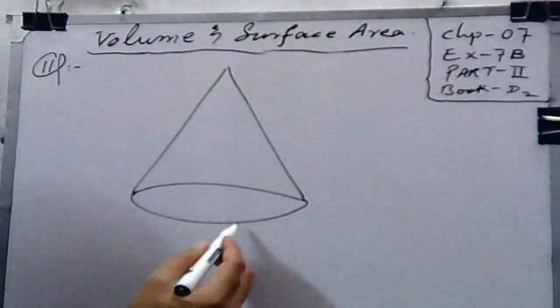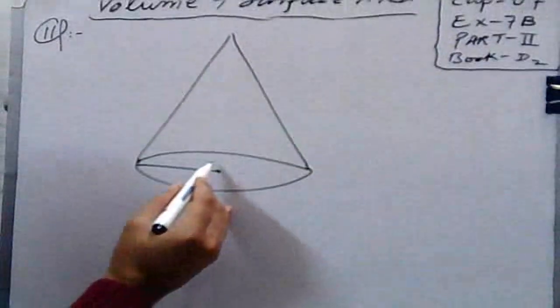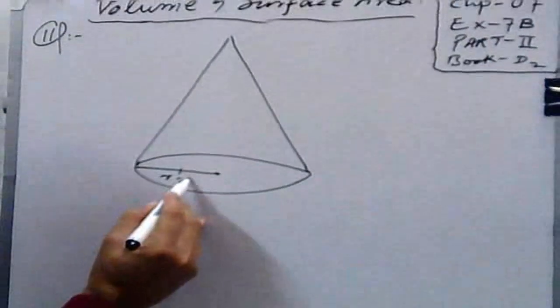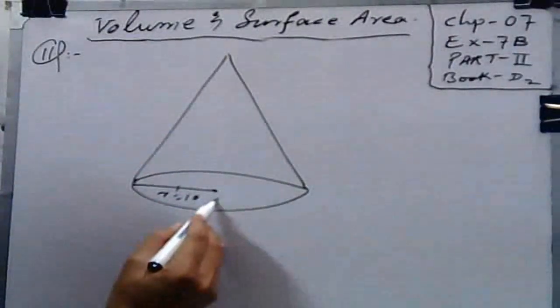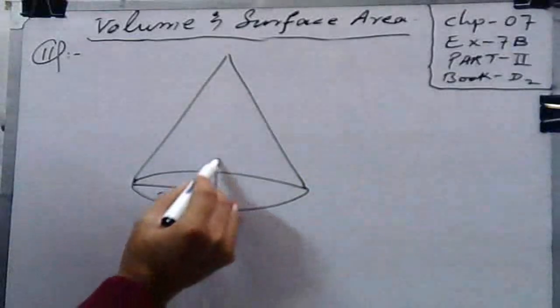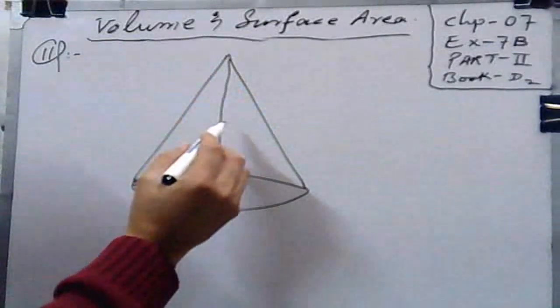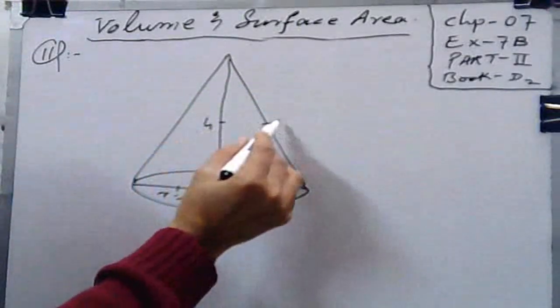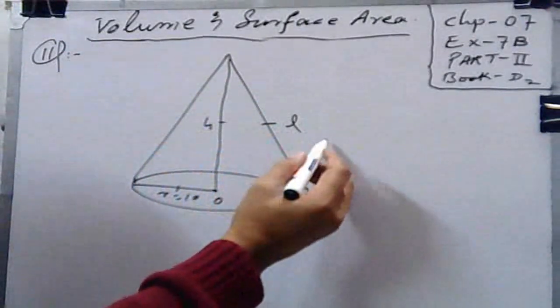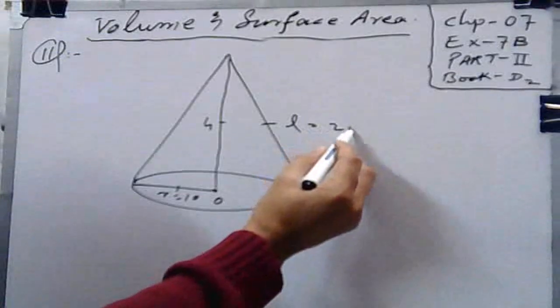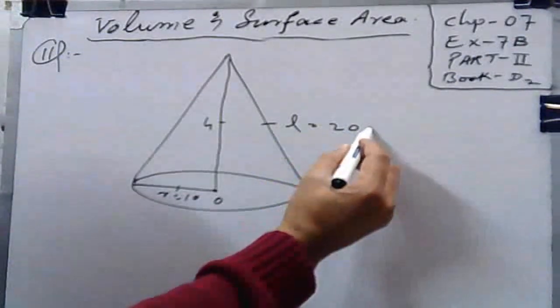So here the radius is r equal to 10, and that is your center O, and that is your height h, and that is your slant height l, which is represented by 20 centimeter.